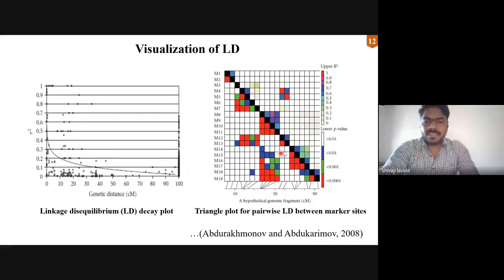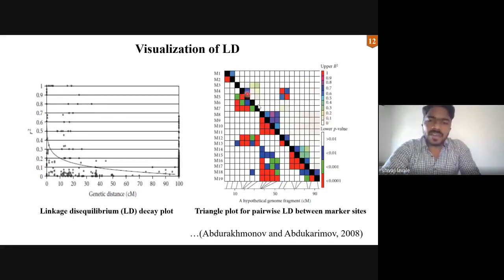Another representation is a triangle plot of pairwise LD. On the horizontal and vertical axes, the markers will be plotted, and the upper triangle will represent the R square value that we have calculated using R square estimation, and it will be represented by different colors.